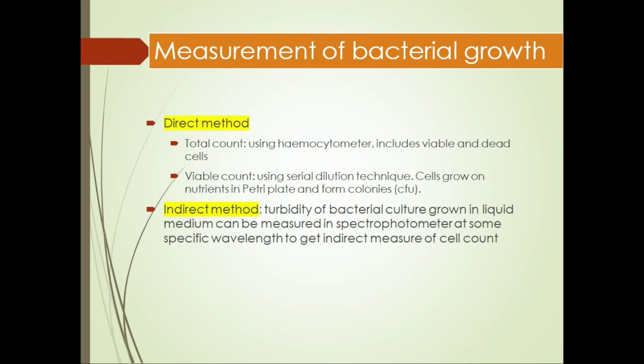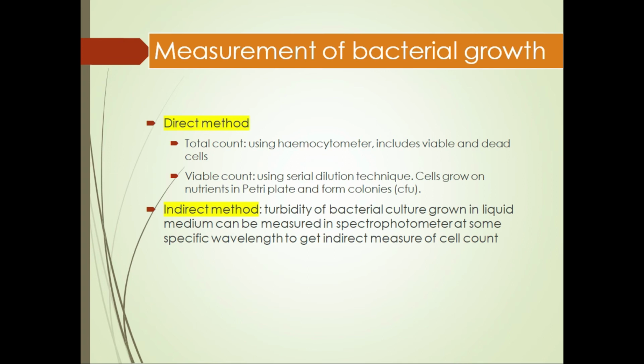This direct method is tedious and time consuming, whereas the indirect method is easy, but in the indirect method we only get an estimation of the bacterial count. In the indirect method, we use turbidity of the bacterial culture grown in liquid medium, and this turbidity can be measured in the spectrophotometer at some specific wavelength to get the indirect measure of cell count.